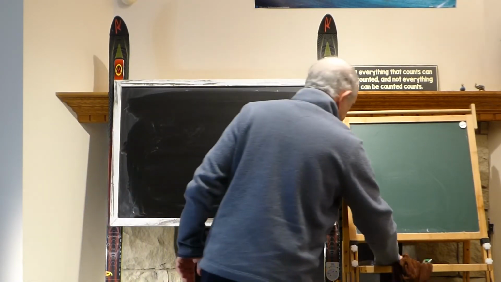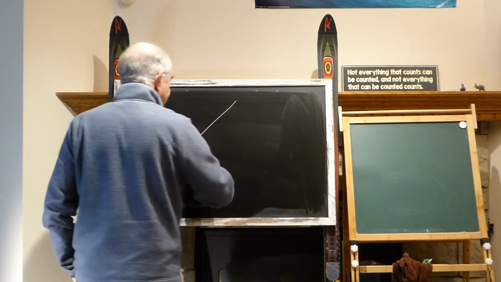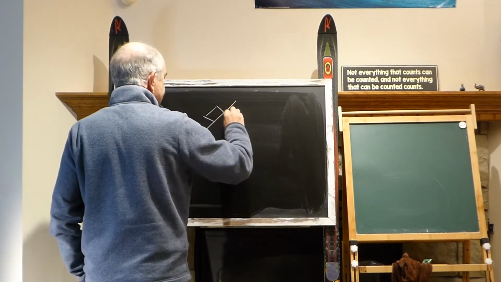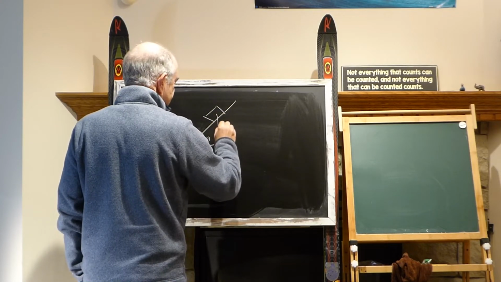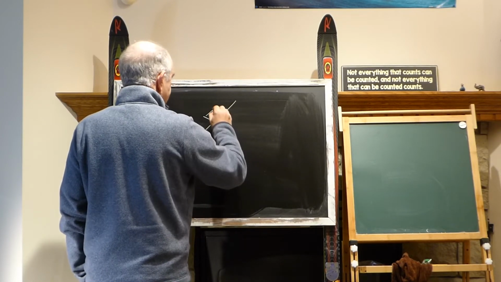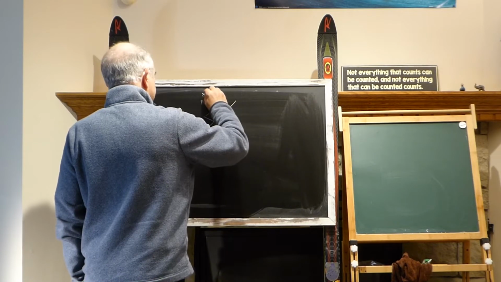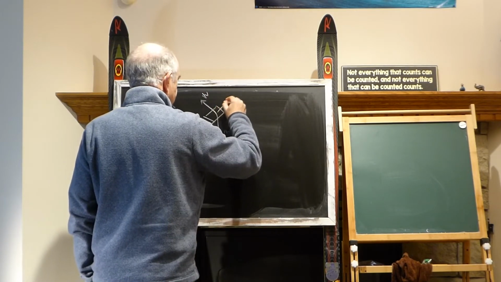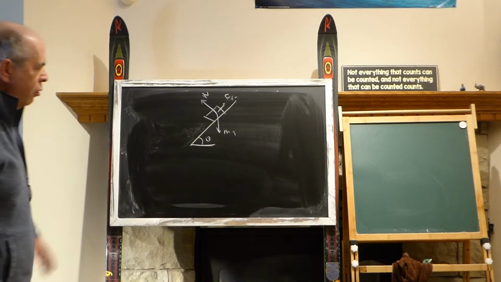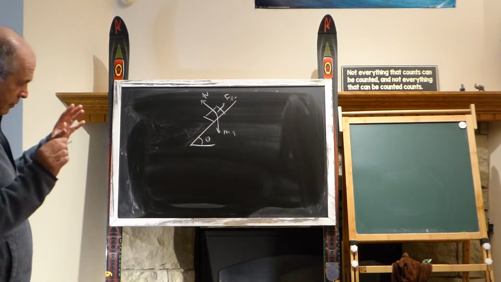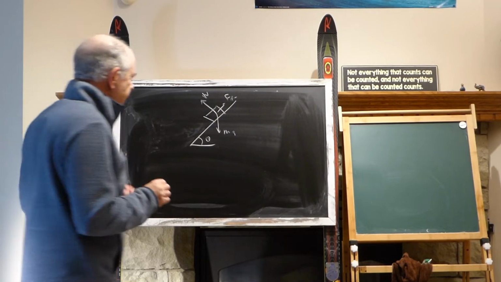And another example may be an incline, and on this incline there is a body, and this angle is theta. Then there is this force mg, and this is N, and then this is a friction, F friction, and everything is balanced, no movement.